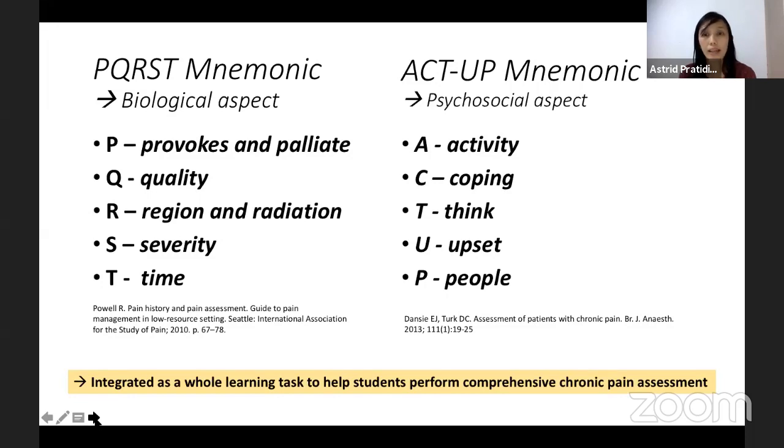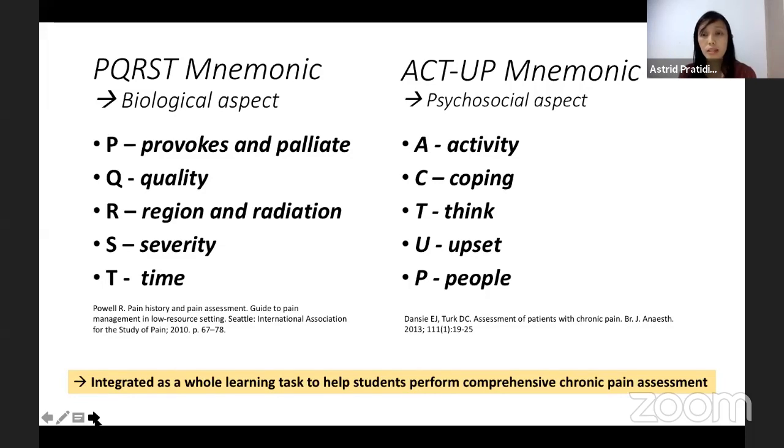And we add the ACT UP mnemonic to emphasize the psychosocial aspect in the assessment. So for example, A stands for activity. It means that in the chronic pain assessment, you have to ask how the pain influences the activity of the people. Or in P, people, you can also ask how the pain affects the relationship of the patient with other people.